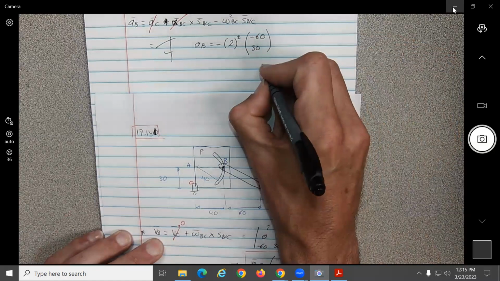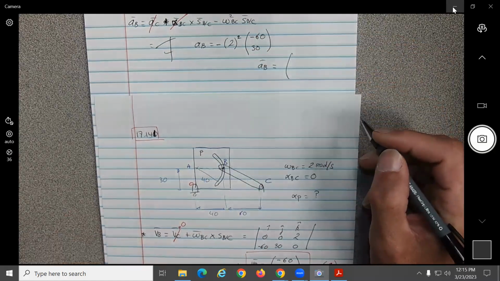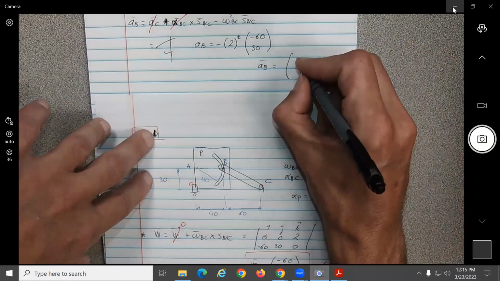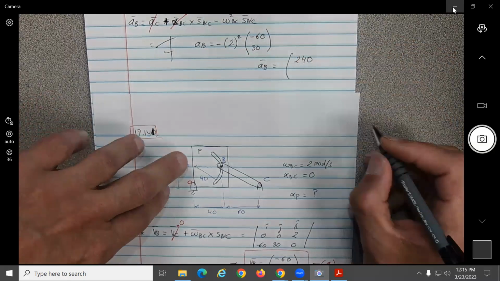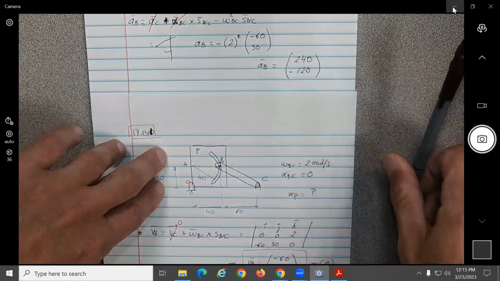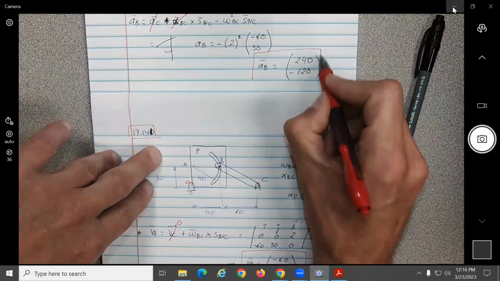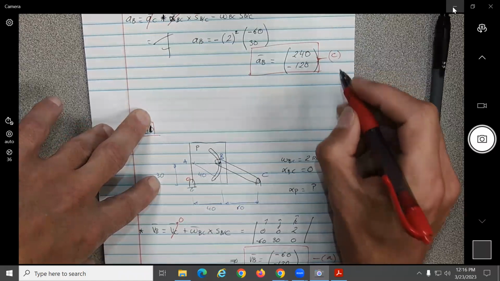So basically, this will give you AB will be equal to what? 4 times 60, so it should be 240. And then this one will be minus 120. So this is equation D.